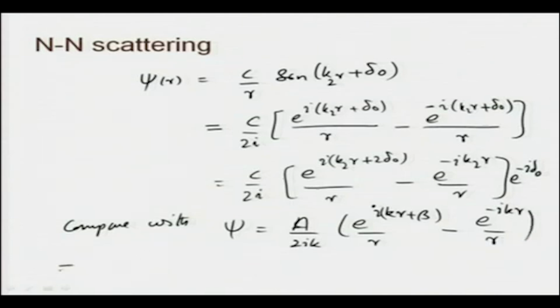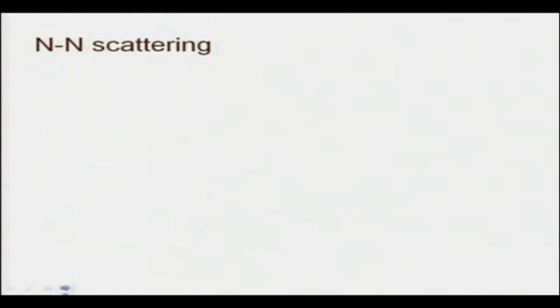Now, this tells us that if we identify beta equal to 2 delta 0 and A as k C e power minus i delta 0, then we have the earlier expression in the same form as the general expression.